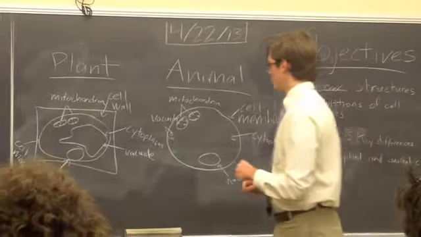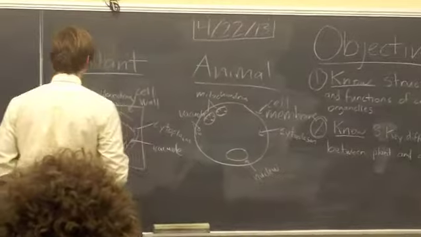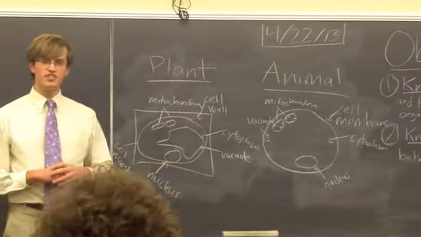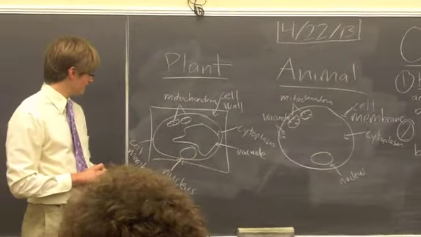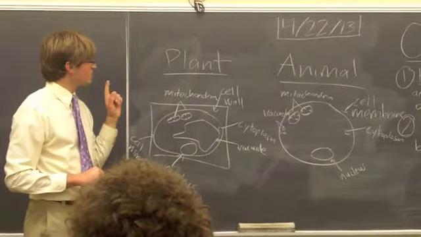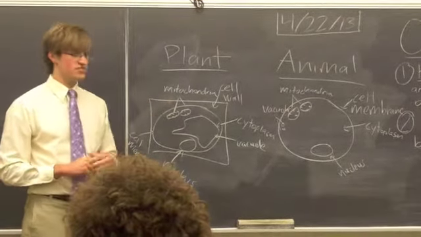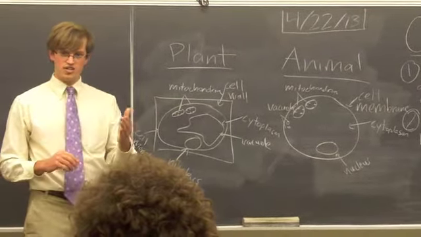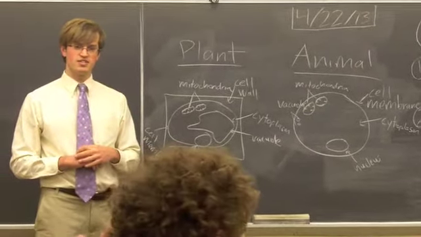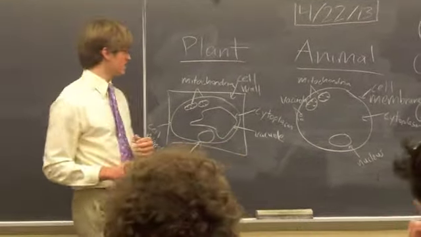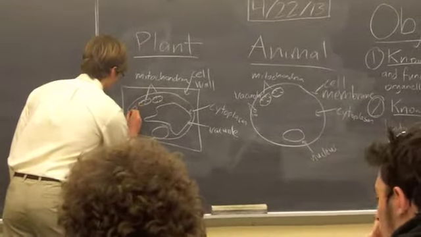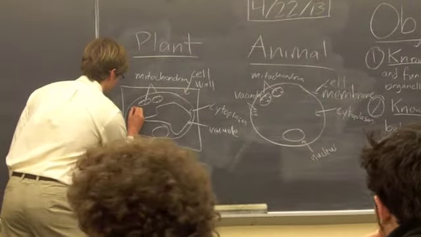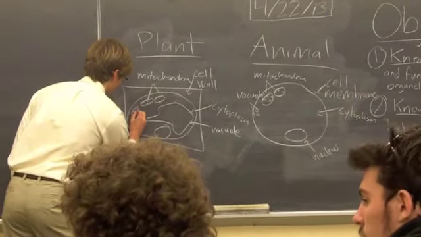So that is our second key difference, and we have one final key difference and one final organelle that we're going to cover for today. Something that plant cells have that animal cells do not have. Do any of you all know what that is? The chloroplast? That's right, yeah. So chloroplasts do something pretty incredible.